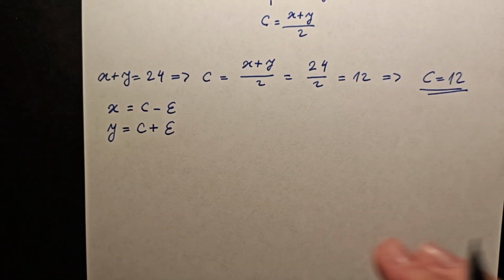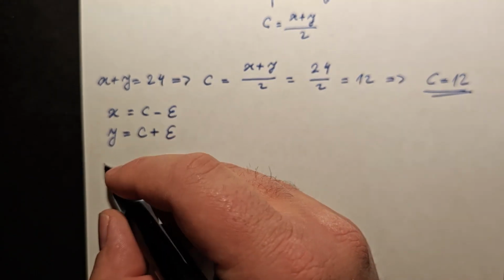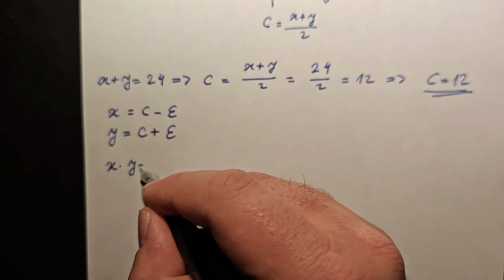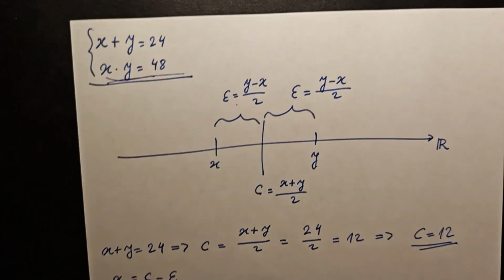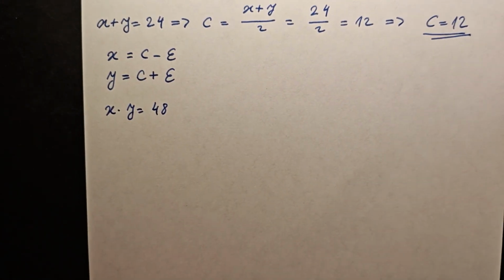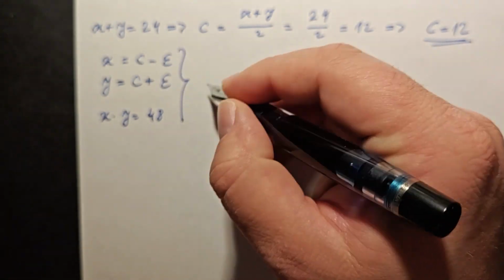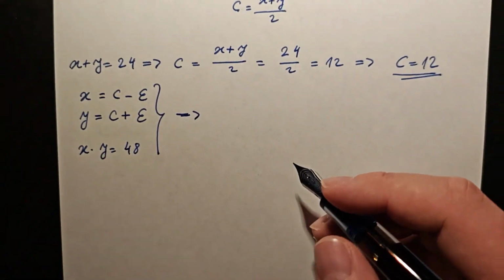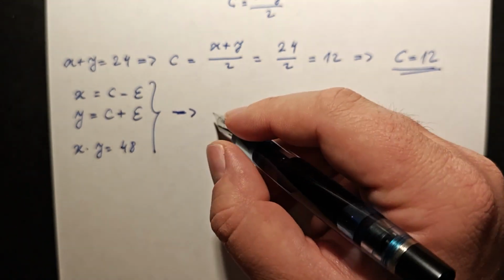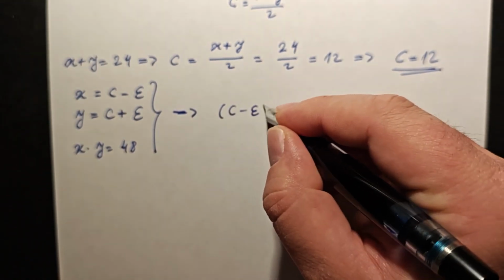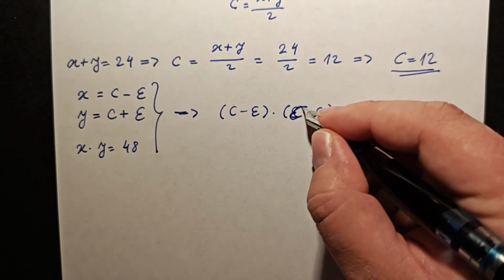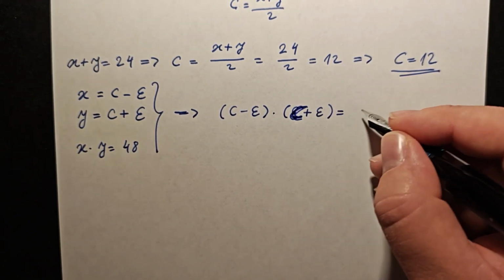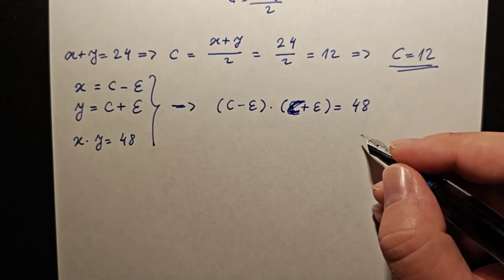Then we can use the second equation, x multiplied by y is 48. By using that equation and these previous representations of numbers x and y, we get that c minus epsilon multiplied by c plus epsilon is equal to 48.